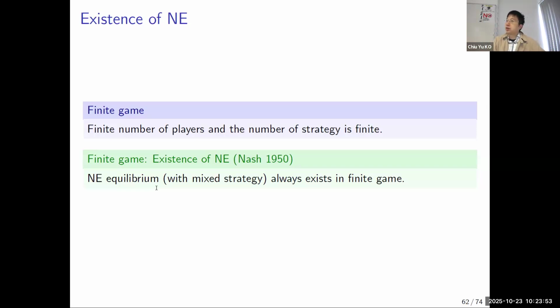Before him, no one had proved it. As I said, when he told Von Neumann, Von Neumann said this is just a mathematical result, without appreciating that this opened up a lot of applications. Once an equilibrium always exists in this kind of game, then you can solve a lot of problems, because you can make a lot of predictions.